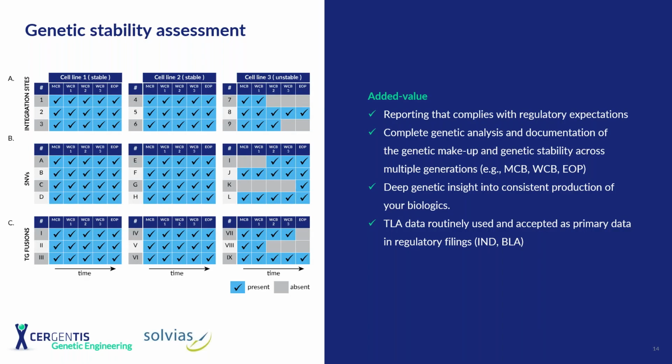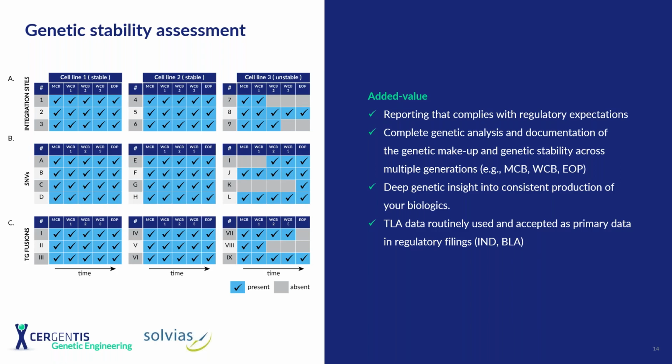So as mentioned in the previous slide, proof of genetic stability is also requested by regulatory authorities. So it is important to show that all genetic characteristics are stable across culture generations and that genetic drifts do not compromise the consistency of a product. So here we would like to share with you examples of comparisons between master cell bank, working cell bank, and end of product cells of different cell lines.